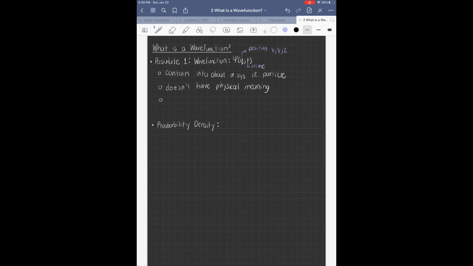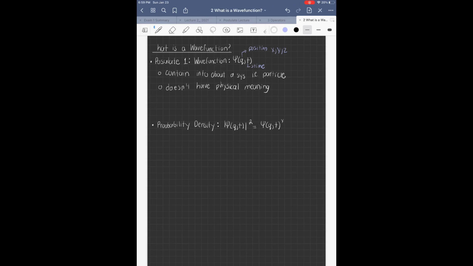But when you square the wave function, what you get is a probability density. I think some of you took organic chemistry, so you should know this; it's pretty much the same thing. The absolute value squared will give you the probability density, or you can use the complex conjugate if it has imaginary numbers in it.